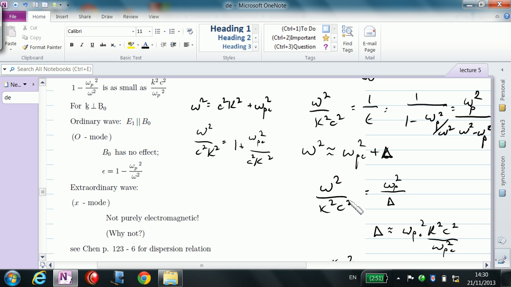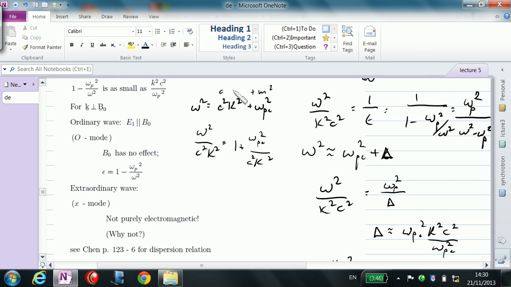I guess so, but I'm not seeing it. Anyway, I hope it's right. But the point is that this is just c squared k squared plus m squared in quantum mechanics.